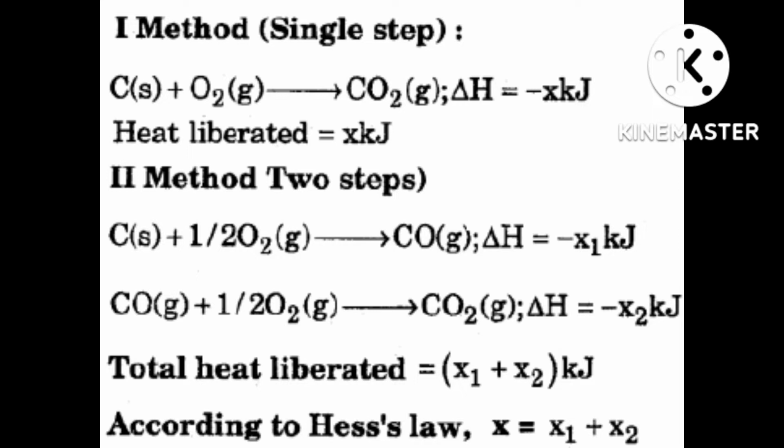One option they will give is only butane, the second option will be isobutane, the third option may be a mixture of both, and the fourth option they may give any other thing, like pentane or hexane. Then which is the correct answer?